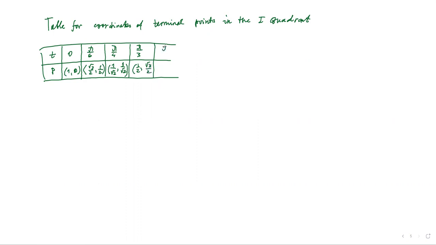And the last one is going to be pi over 2, which is the point on the y-axis, x equals 0, y equals 1. Guys, I want you to memorize this table, very useful when you deal with trigonometry and specific angles. We are going to deal a lot with these kinds of angles, so it makes sense to remember the table.